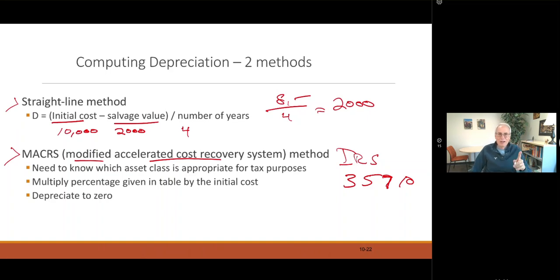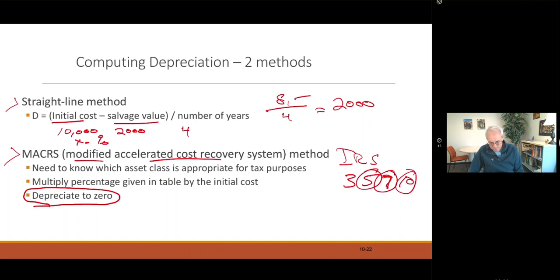So in year 1, you would take a certain percentage of that, and that would be your depreciation. Year 2, another percentage. Year 3, they're different percentages each year. It's very frustrating. No way you'd ever memorize them. And by the time you're at the end of whatever your life is, that would depreciate it down to 0. Okay?